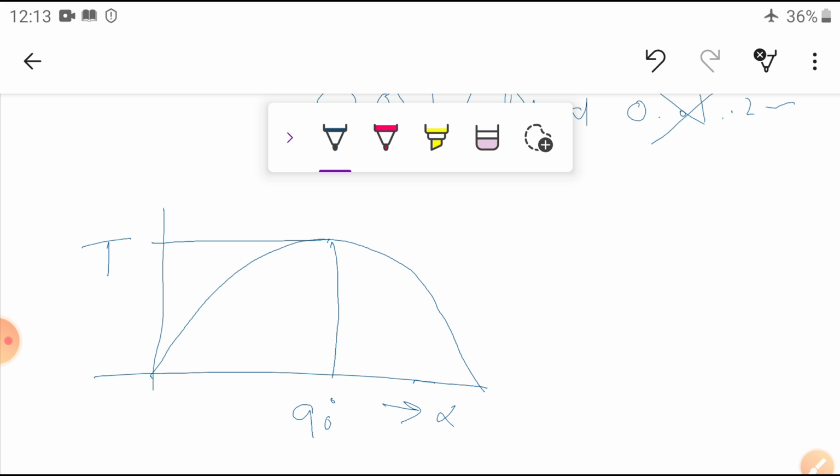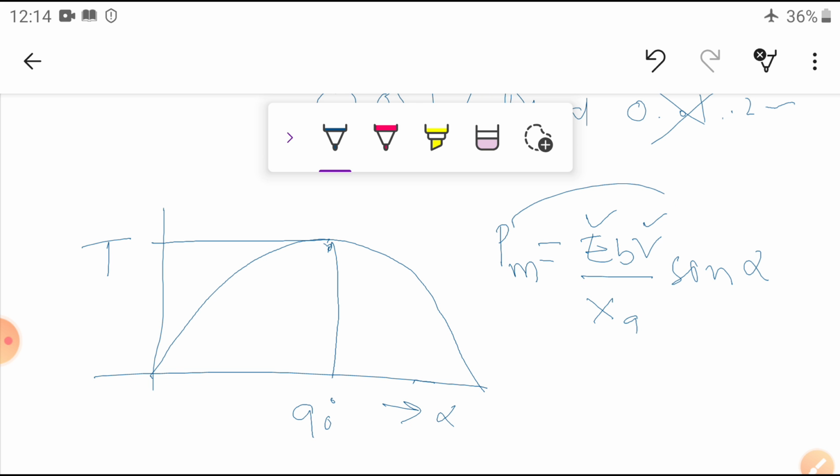After that, what will happen? The mechanical power developed in the motor is P mechanical equal to EB into V by XA into sine alpha. This is the final equation when the resistance of the armature is very small compared with XA.